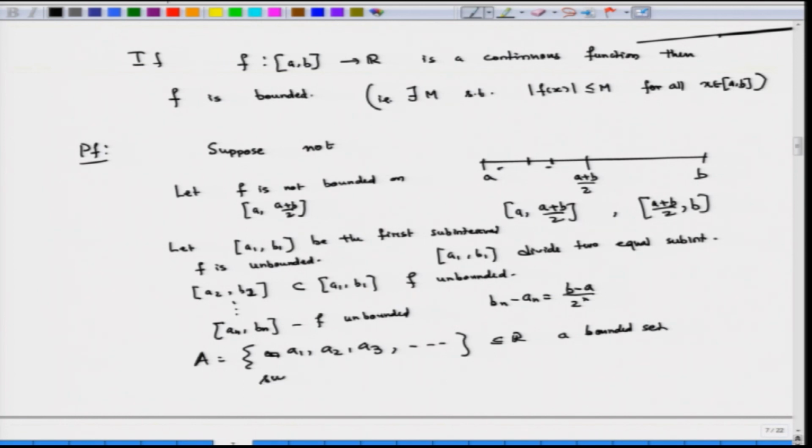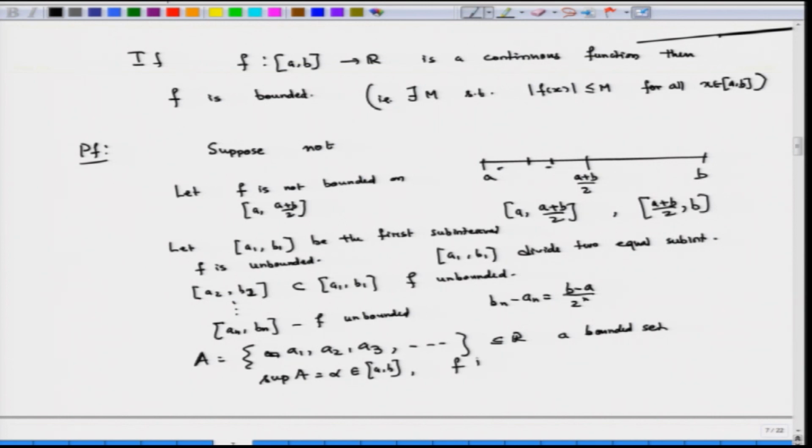Then you take the supremum of A equal to alpha; the supremum is going to exist. Now, alpha belongs to [a, b] and f is a continuous function.